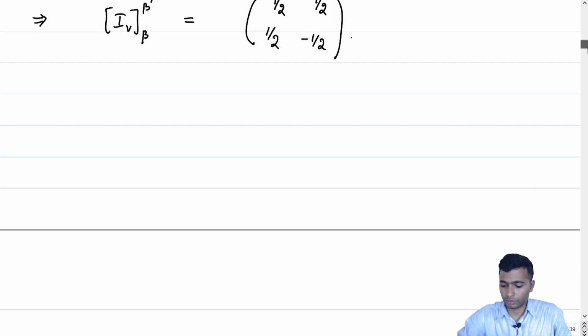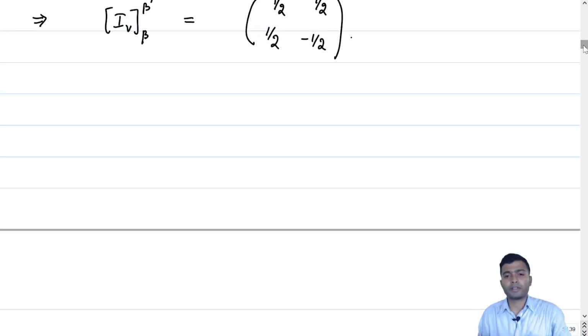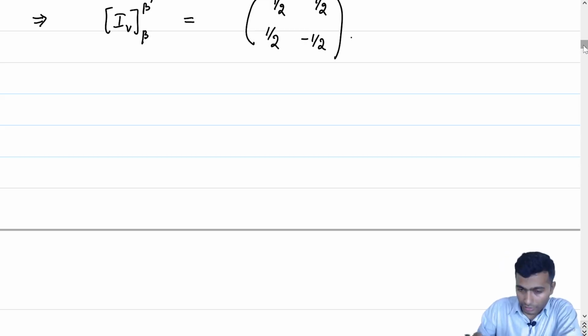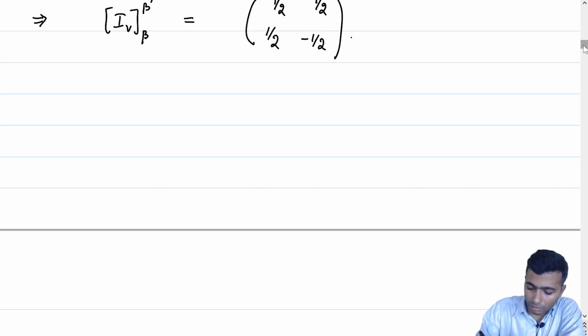That's good. So let's now see, given an arbitrary vector, by brute force what v beta is and what v beta prime is, and also whether they are related in the manner we have just seen. It should of course be the same, but nevertheless let's have a look at it by brute force.